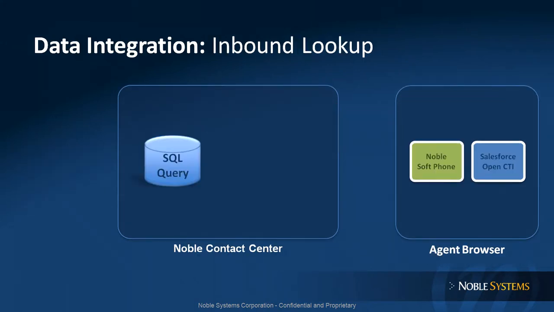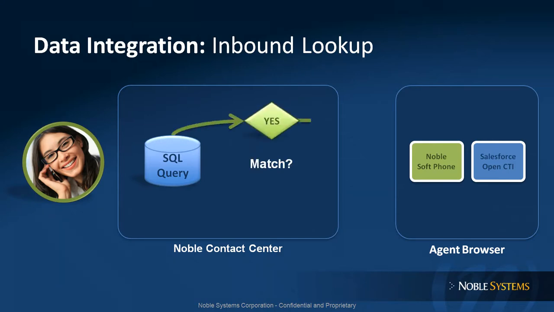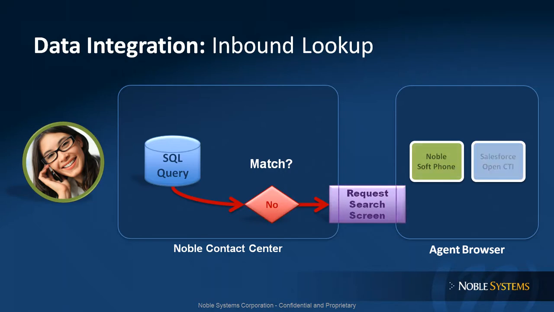For inbound calls, the integration will have an inbound SQL defined to query data from an IVR table. If the contact center or lead ID can be found in the IVR, then we will pass that information upon call connect. If there is no match found, then we will pop the agent to a custom search screen.